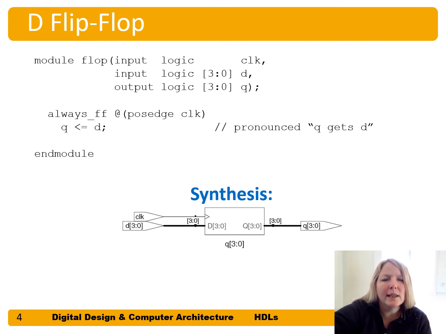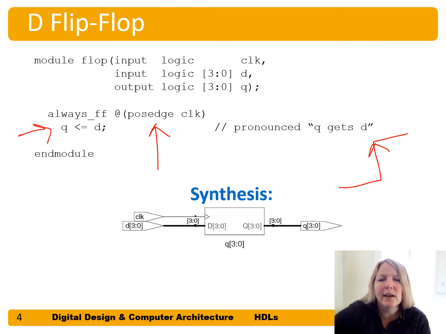And so this is the idiom that we use. We say always_ff. That always_ff indicates this should be a flip-flop. At posedge clock. So this posedge is the keyword saying at the positive edge or rising edge of clock, perform the statement.